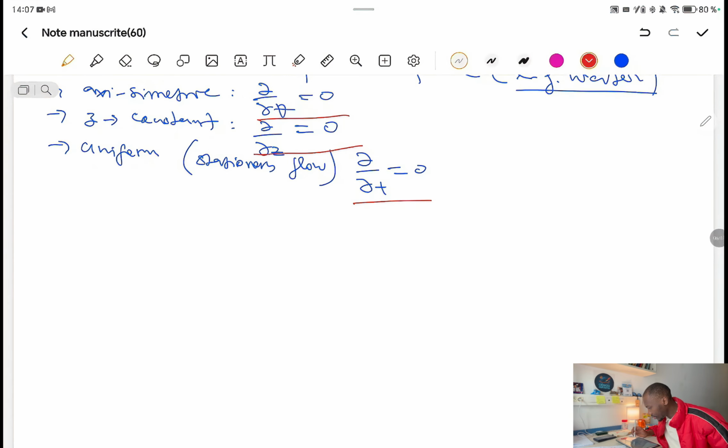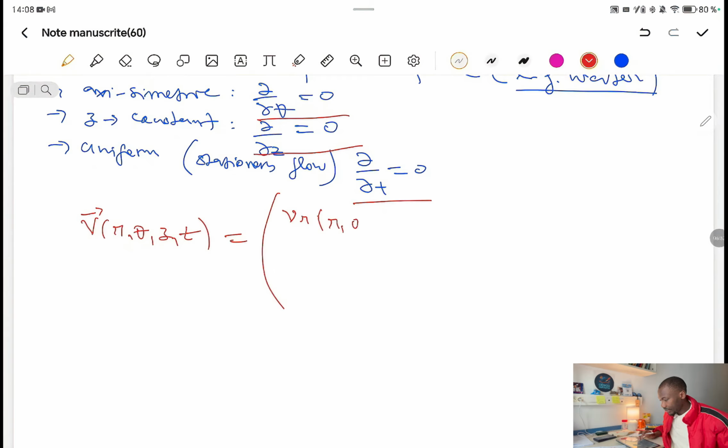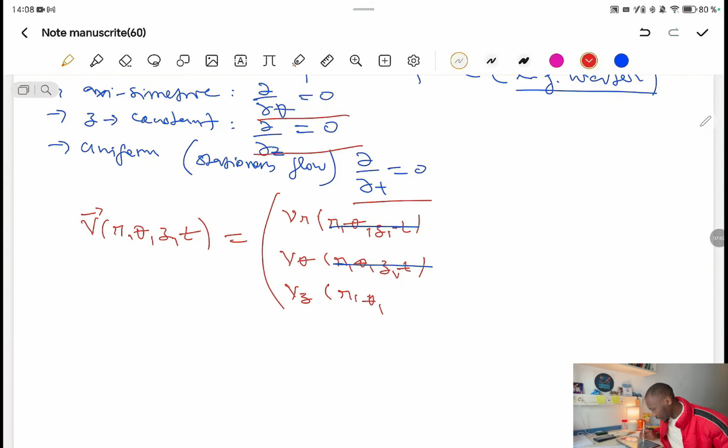If we say that, then the speed, which is a function of r, theta, z, t, is a vector with components: v_r, which for us here is null; the second component in theta, v_theta, which is the same thing, null; and the third component, the speed v_z in the z direction, as a function of r, theta, z, t.